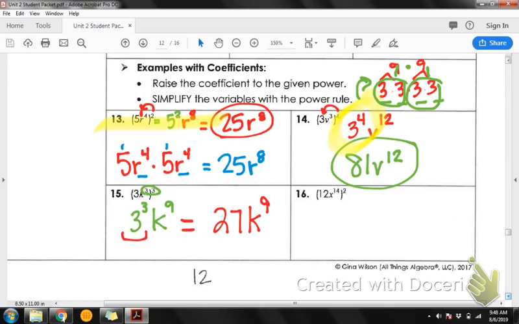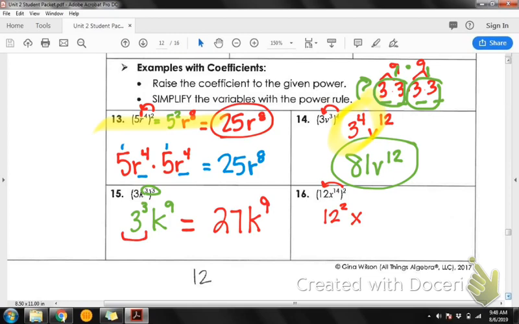Try number 16 on your own. Let's all get the same answer. Wait, let me see that. I got a question real quick. I know you didn't say get this one, but is this right? Okay. You have 14x. Remember, this is 12 squared.